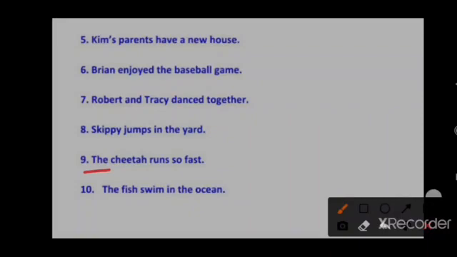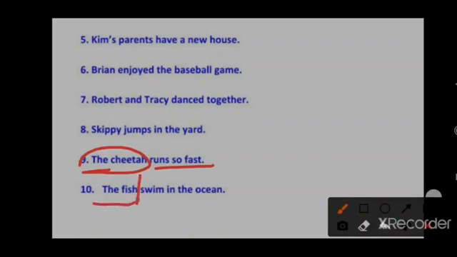We should underline or circle the cheetah, because here whom are we talking about? The cheetah. So the cheetah is the subject and runs so fast. What is it doing? It runs so fast. That is the predicate.